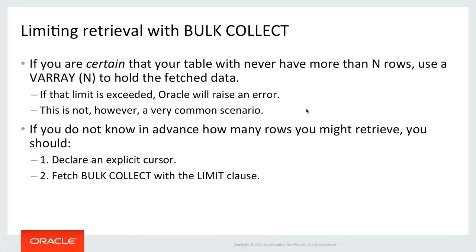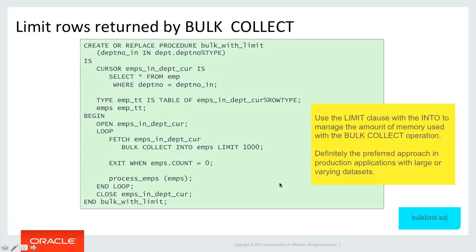So in that case, when you don't know an upper limit for your table contents, you want to instead switch from an implicit query to an explicit cursor, and then fetch bulk collect with the limit clause. So this is the kind of code that you should be thinking about writing in production, or at least it's closer to it, in which I've moved my select statement up to the declaration section.